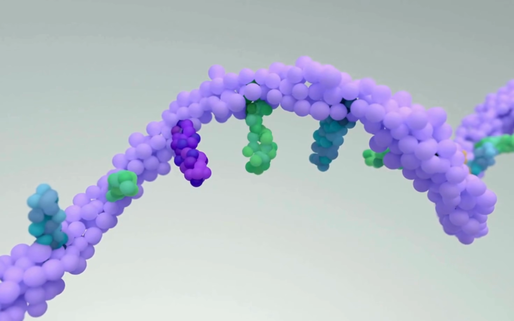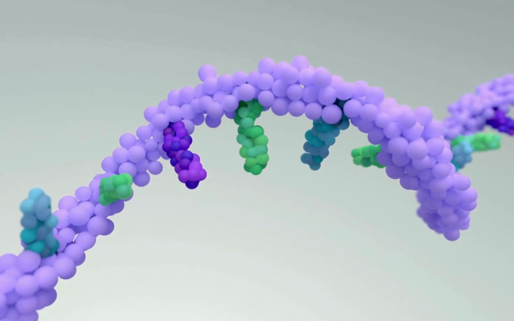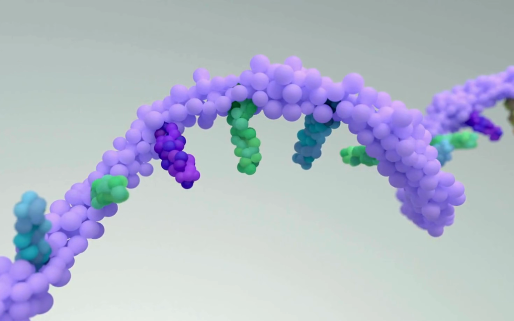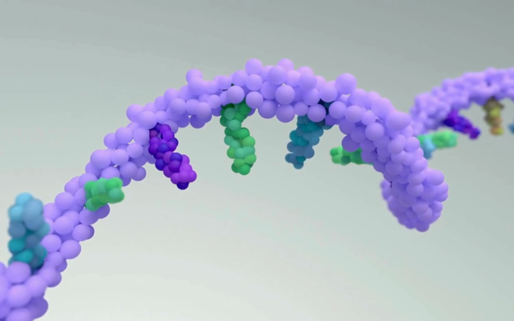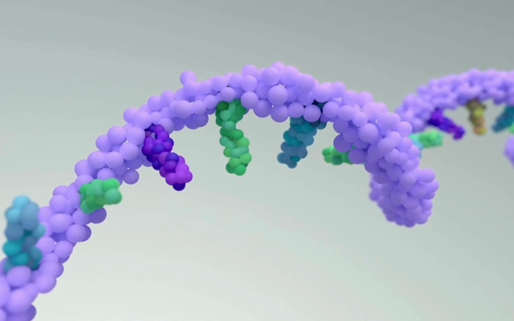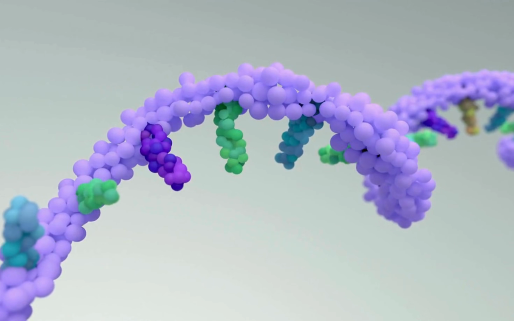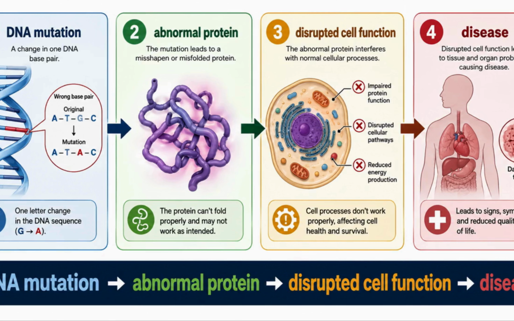One altered amino acid can change how a protein folds or functions. The biological chain may then become DNA mutation, abnormal protein, disrupted cell function, and then disease.